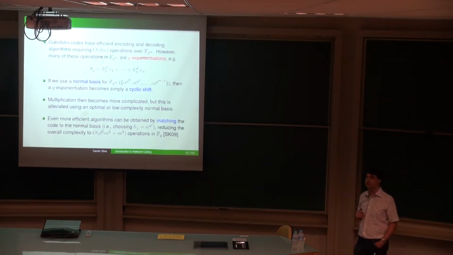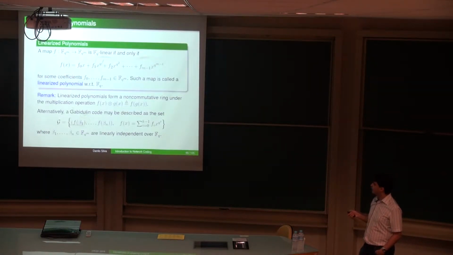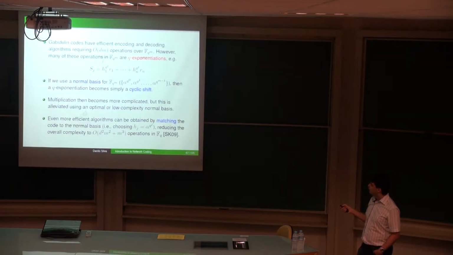There are very interesting decoding algorithms, very similar to the decoding algorithms for Reed-Solomon codes. I just want to mention that these algorithms use linearized polynomials, and very often you see operations with this q exponentiation.